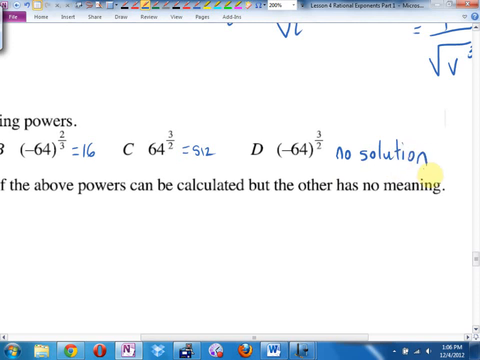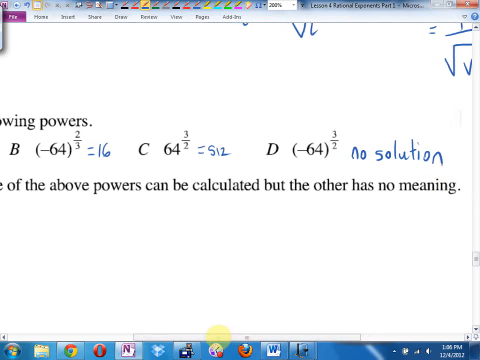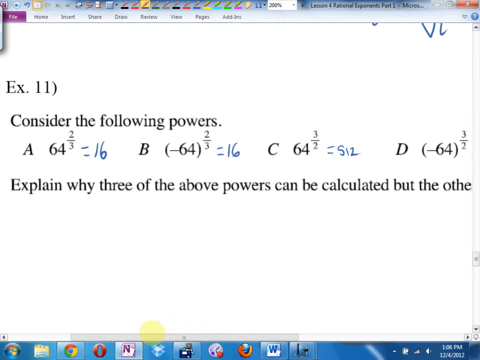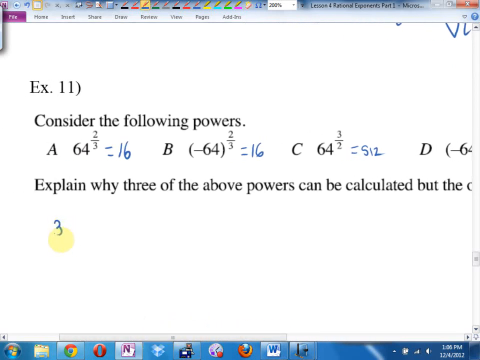No solution. Why? The easiest way to explain this is to flower power all 4 of these really quickly. The first one is the cube root of 64 squared. And I can take the cube root of 64, no problem. The second one is the cube root of negative 64 squared. And I can take the cube root of a negative number, no problem.